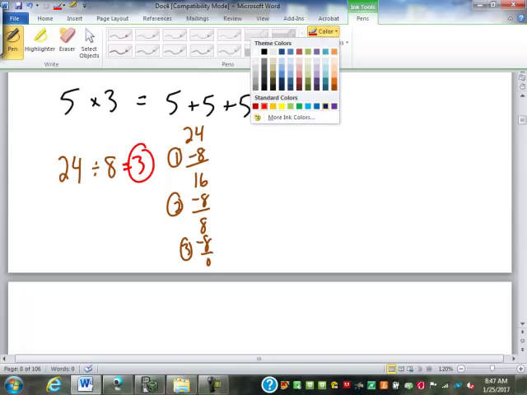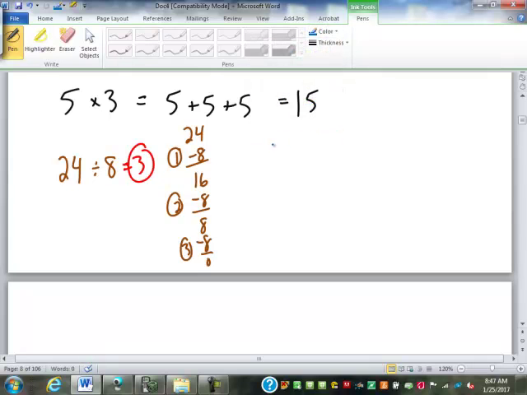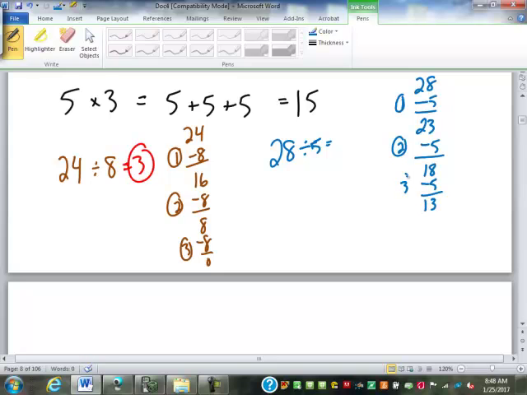In fact, that explains our remainder system. If I have 28 divided by 5, I see how many times I can subtract 5. I subtract it once, I'm at 23. Subtract it a second time, I'm at 18. A third time puts me at 13. A fourth time puts me at 8. Subtracting it a fifth time puts me at 3, and I can't subtract it again.